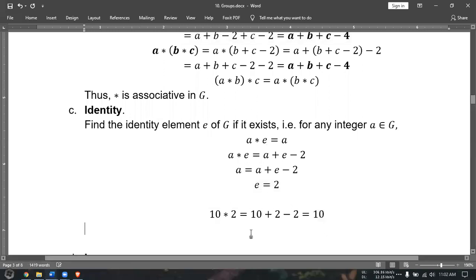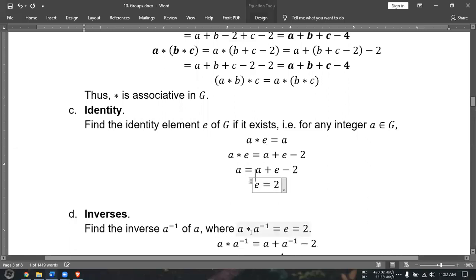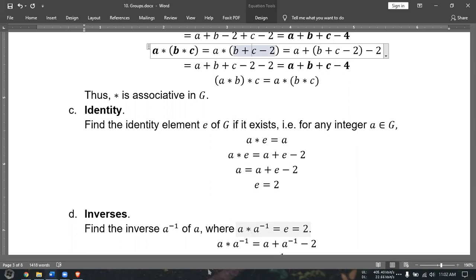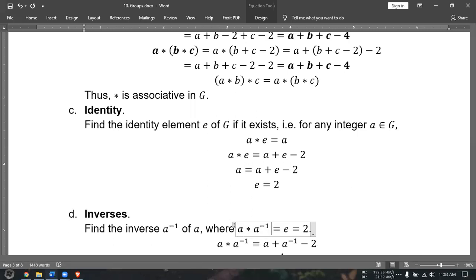So next, inverses. So you already know the identity element. This time, our aim is to identify the inverse of any element from our given set. So find the inverse of A, where we know that when we operate a specific element with its inverse, it will result in the identity element, which happens to be 2, right?